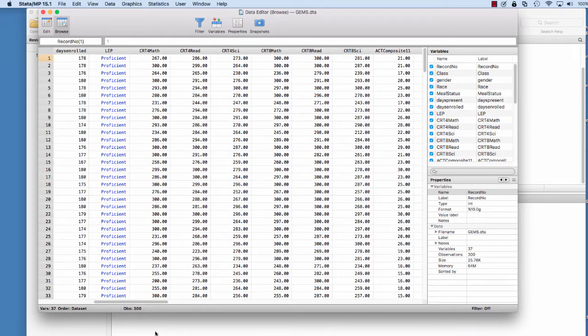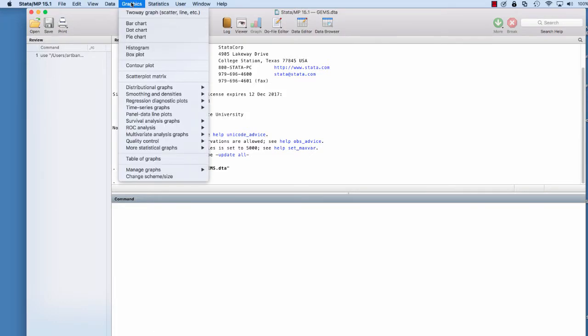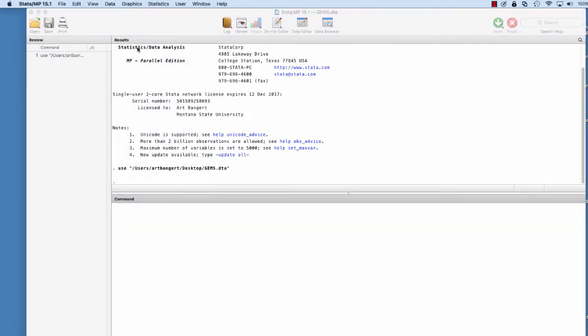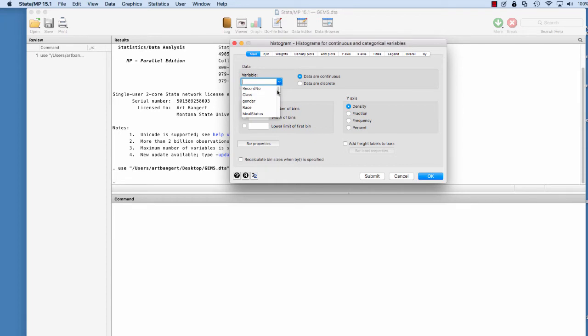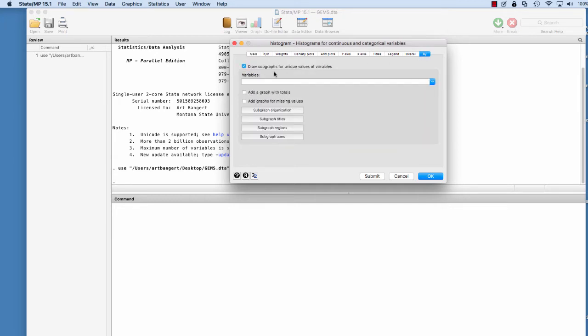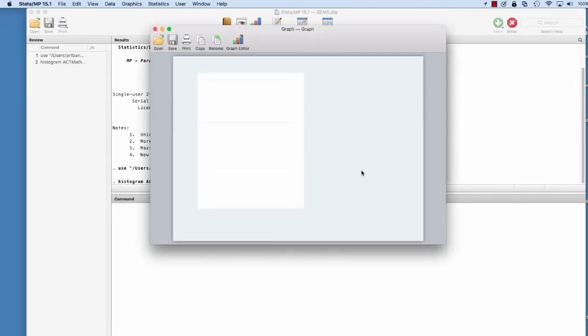So to do that, the first thing we might want to do is a histogram of these ACT grade 11 math scores. And we might want to look at that by gender. Okay, so then we can go submit.